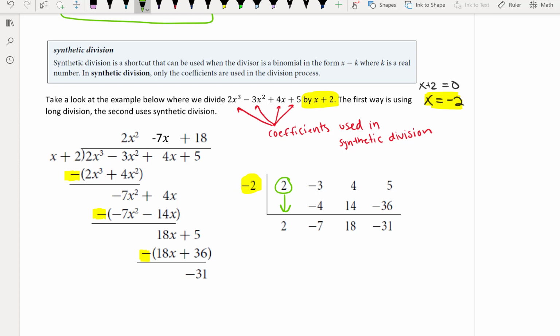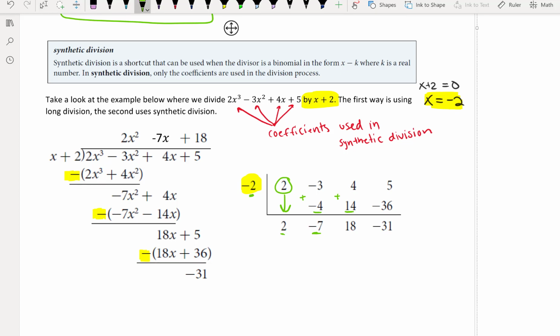So then you multiply. 2 times -2 gives you -4. And then you add on the inside: -3 plus -4 is -7. Then -7 times -2 is +14, and you're adding it to 4, which is 18.